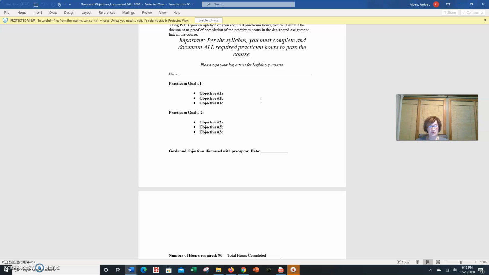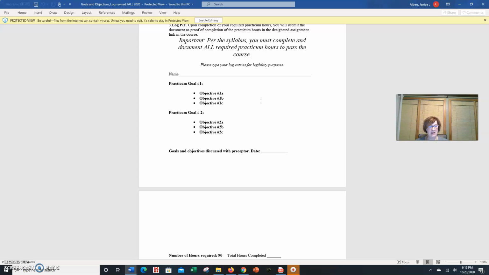If you're writing your journal on finances, that would correlate with that overarching goal of building your skills in financial management, if that makes sense. If you have any questions about that, let me know, but you want to be sure that you're tying in some of the activities that you will be doing in your practicum.